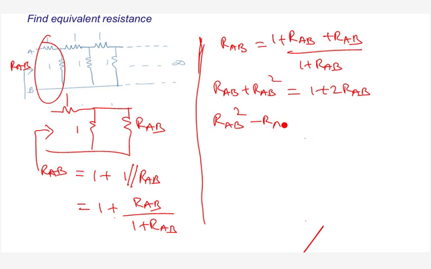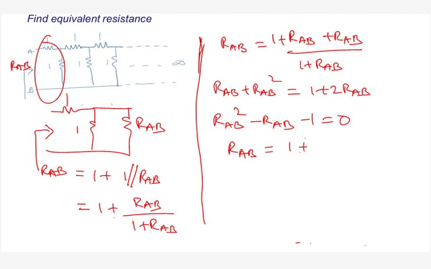It's a second-order equation, so you know how to solve it. There are no factors for this, so RAB is equal to minus B plus or minus root of B square minus 4AC by 2A. Minus B is 1, B square is 1, and minus 4AC is plus 4, by 2A.